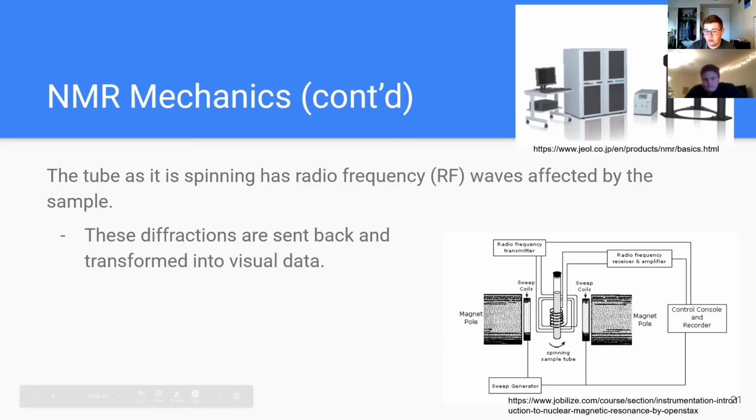So you can see here at the bottom right, the tube spinning, interacting with the electromagnets, and this RF signal is being sent down to a console, which is this really big machine right here. That console is what turns this radio frequency information into the plots that we'll see to figure out these different compounds, which you'll see on a standard computer.